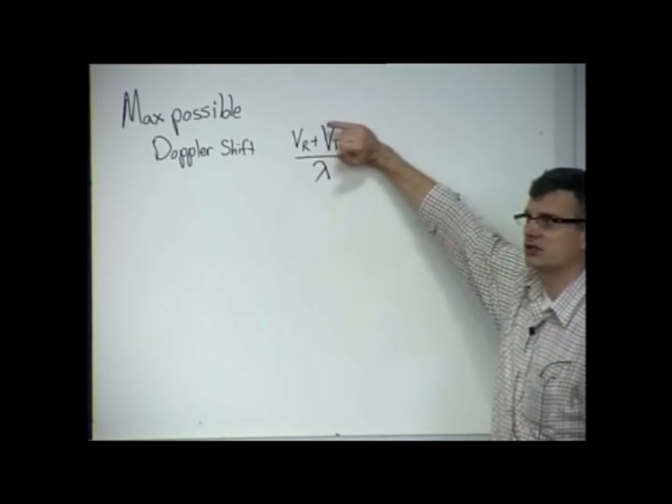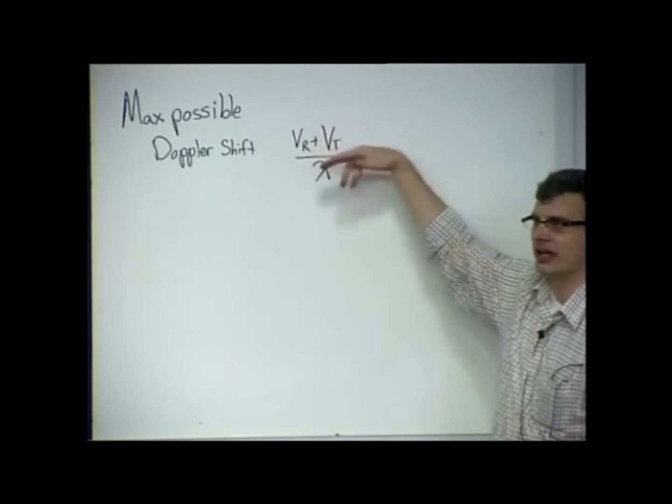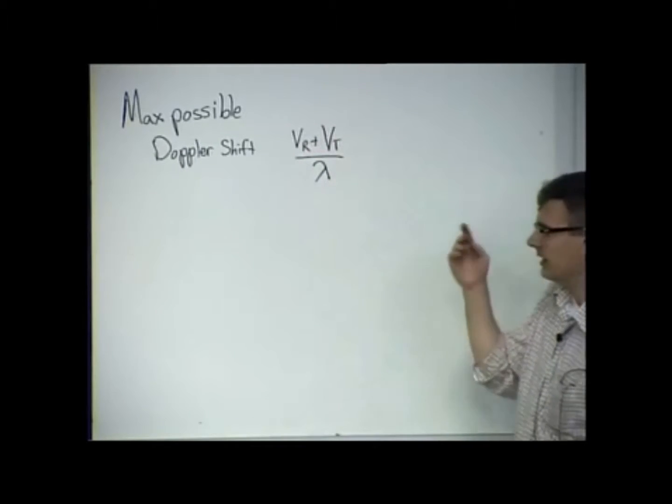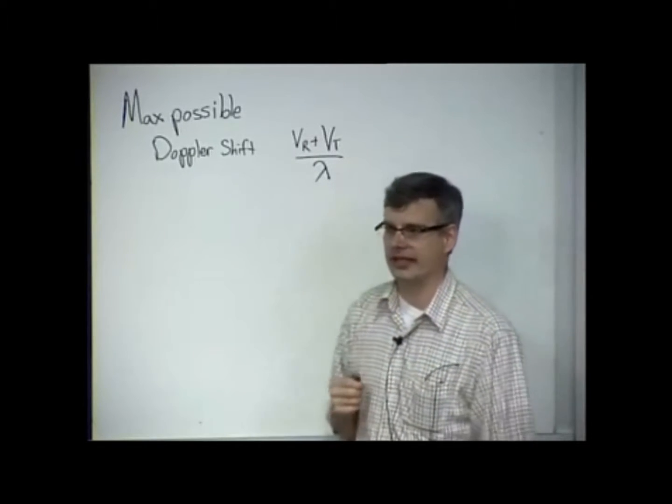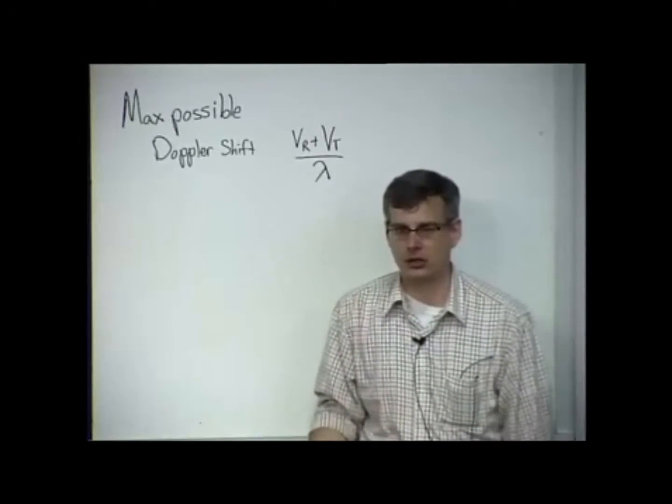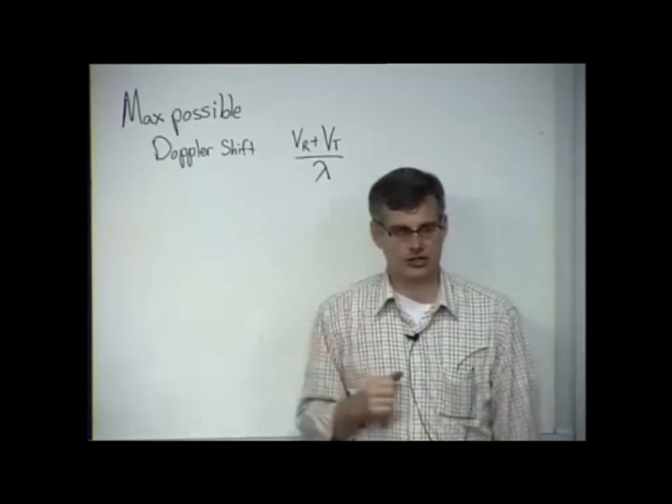What are the units of this? Recall meters per second divided by meters. That gives you per second. That's hertz. And notice that it scales with wavelength. The higher in frequency I go, the bigger the shift.